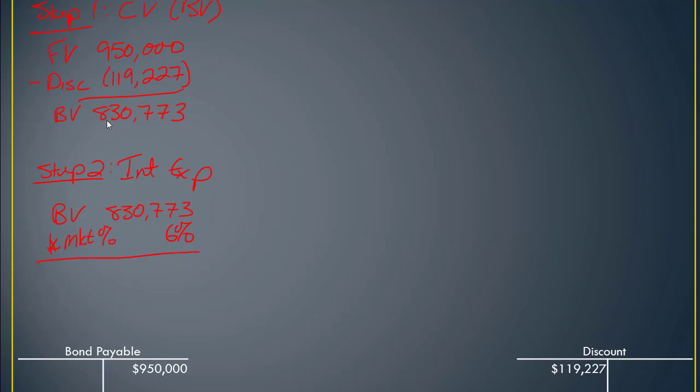We don't use the rate that was given, that's an annual rate. We use the rate that was actually in the time value problem so that it's already adjusted for semi-annual, quarterly, monthly, whatever it is. Now we'll round this to the nearest dollar, and we're going to get interest expense of 49,846.